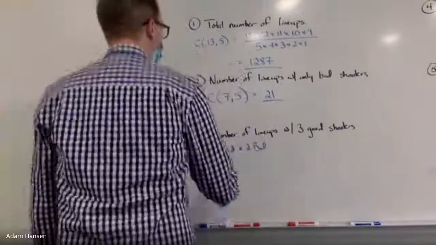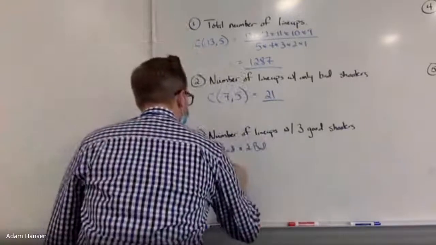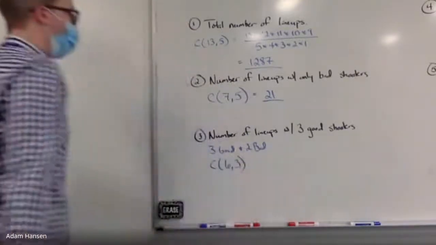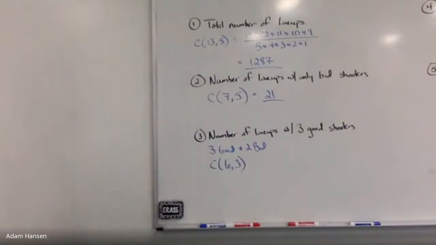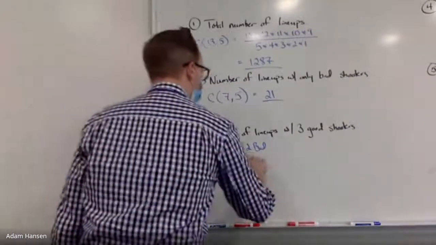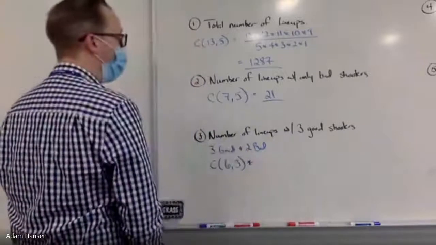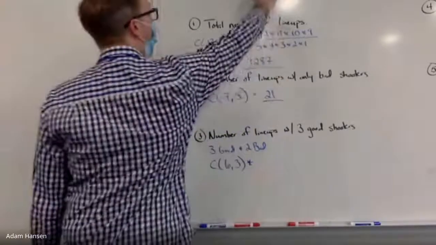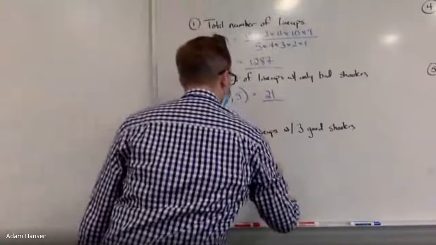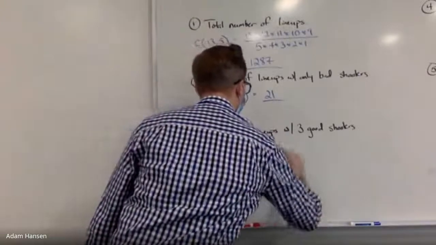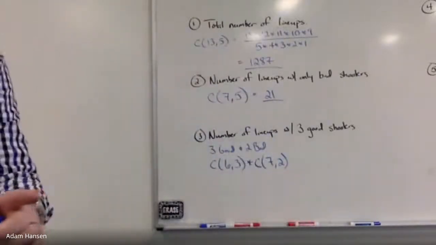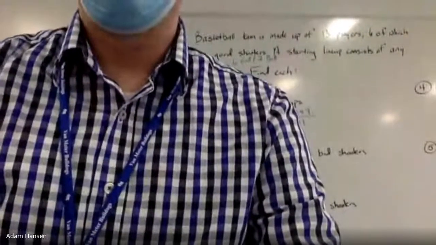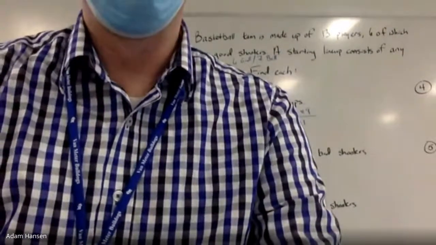All right, so let's do the 3 good. From the 6 good shooters, choose any of 3. I also want 2 bad shooters, so let's multiply that with the number of ways to choose any 2 bad shooters from the 7 that are on the basketball team.